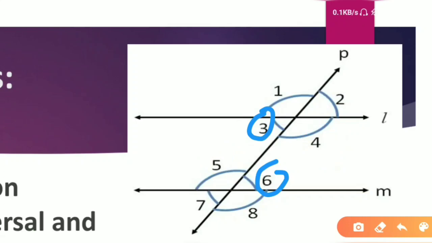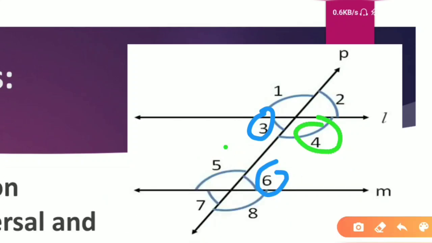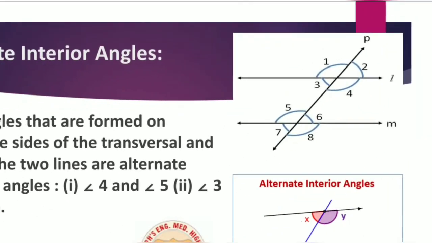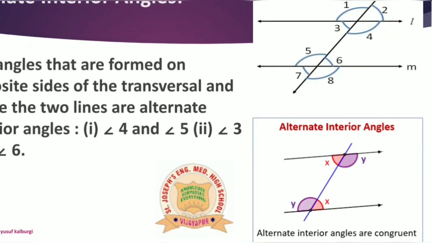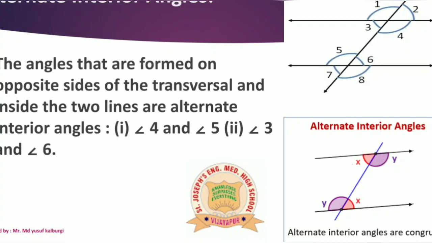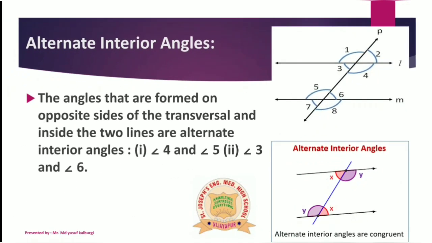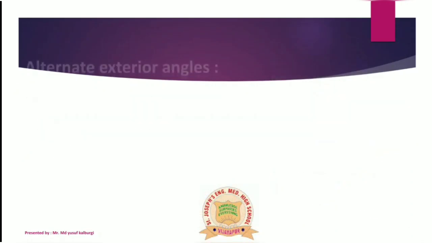Remember, they are inside the parallels, therefore they are interior angles. We are not taking any outside angle. So angle 4 and angle 5, as well as angle 3 and angle 6, are alternate interior angles. Let us move to the next topic, alternate exterior angles.